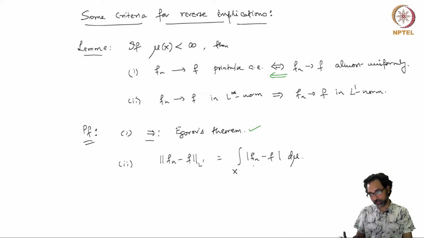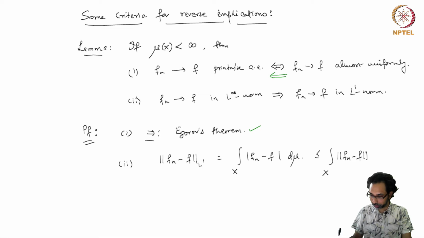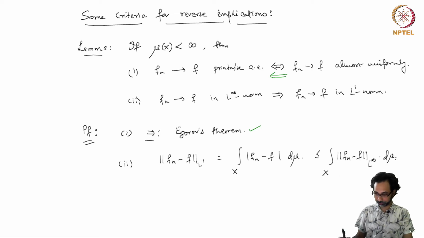This can be bounded above by the constant function, the L infinity norm of Fn minus F, d mu.